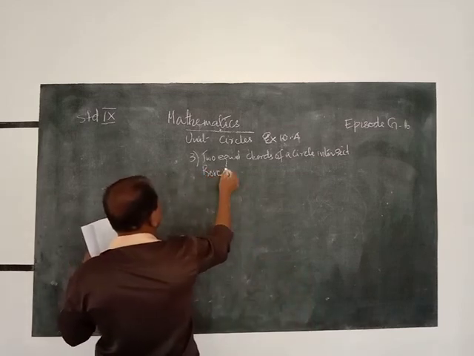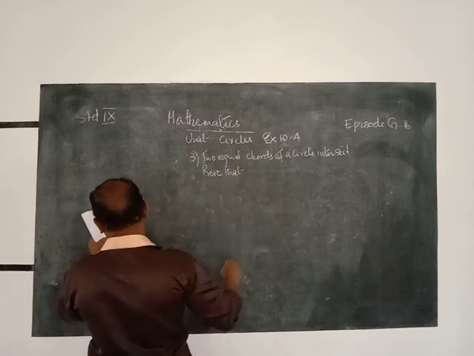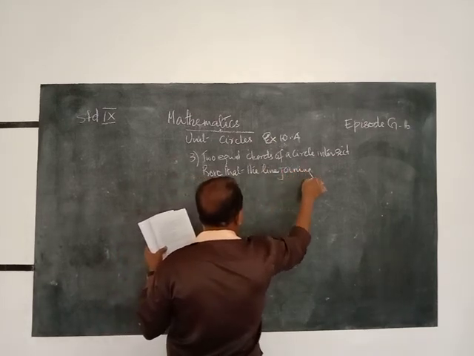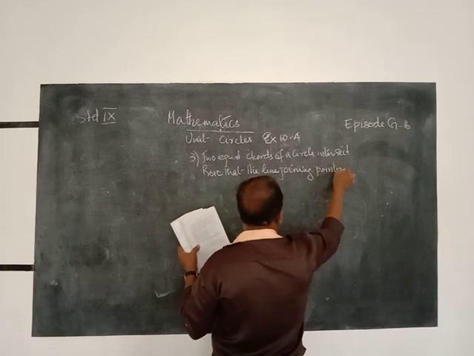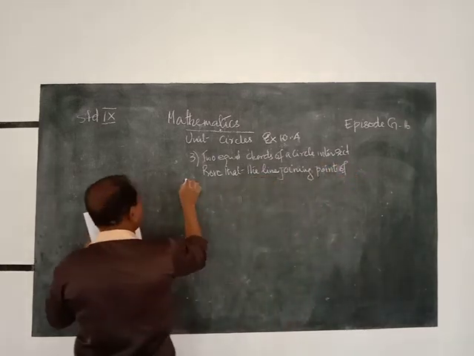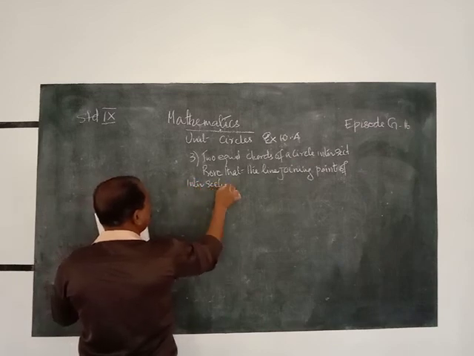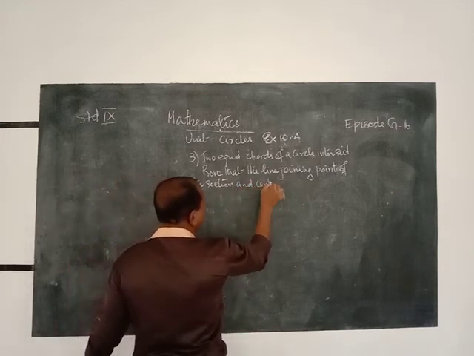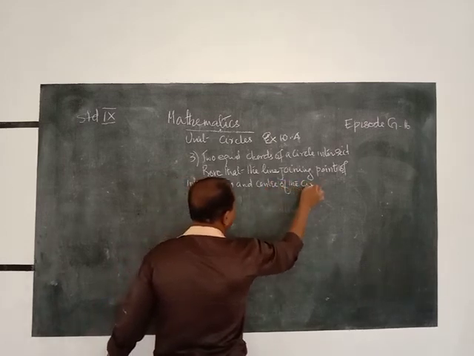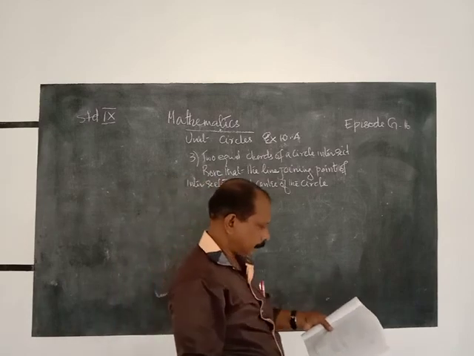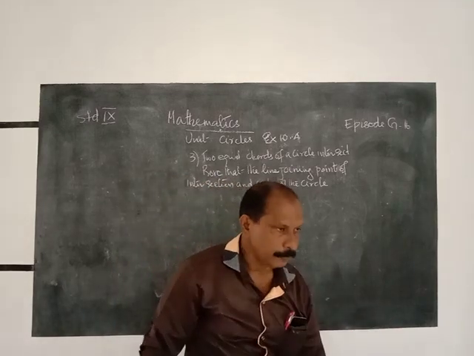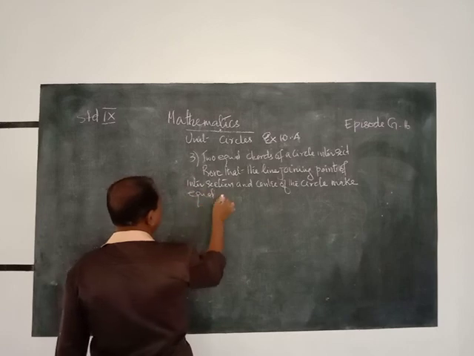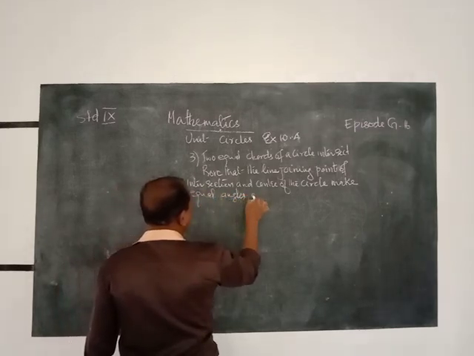Prove that the line joining the point of intersection and the center of the circle makes equal angles with the chord.